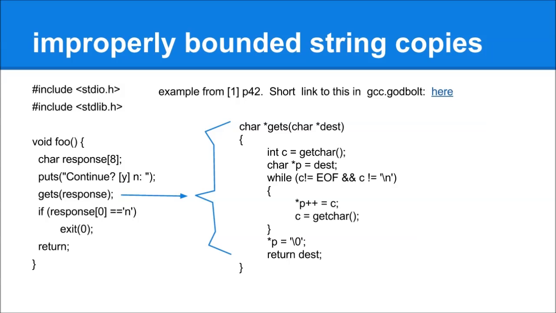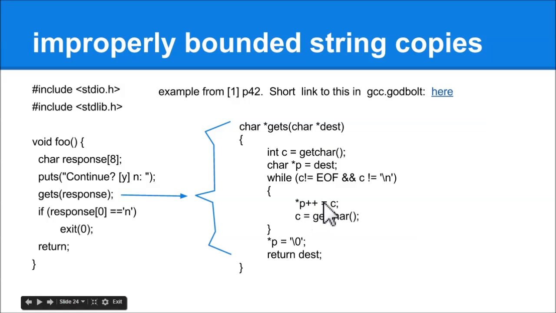For gets, this is the source code for it. It takes in the destination and uses standard input as the source, which is what getchar is providing. Then it uses a character pointer to indicate the first character at the destination.